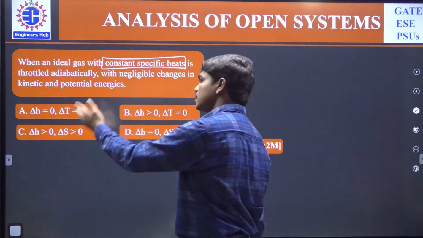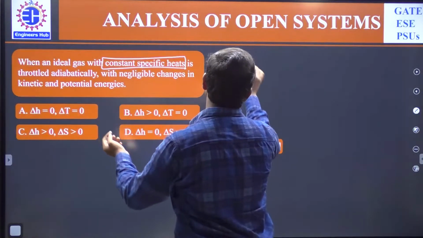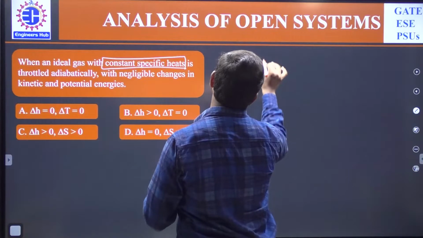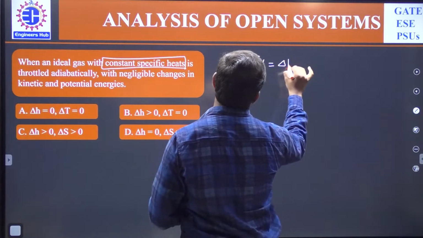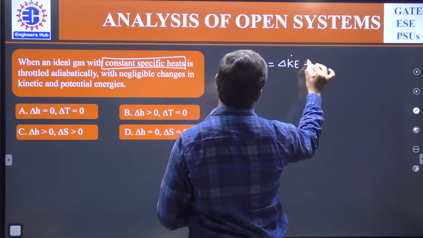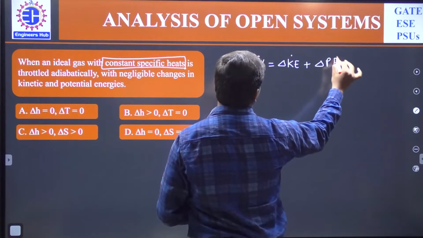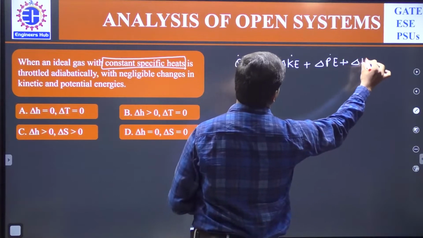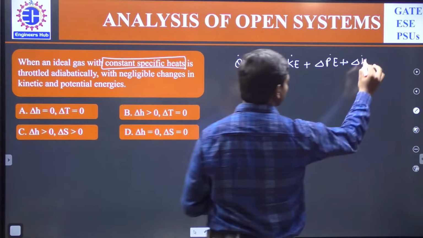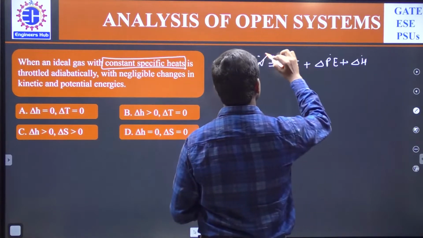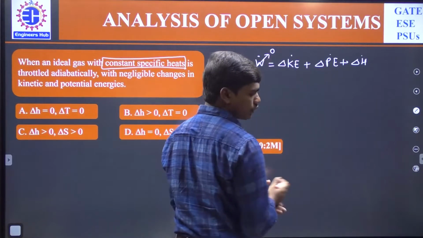Okay, so see here, throttling is also a steady flow. Q dot minus W dot is equal to delta KE dot plus delta PE dot plus delta H dot. Now in throttling, we have seen throttling devices don't produce any quantity of useful work.